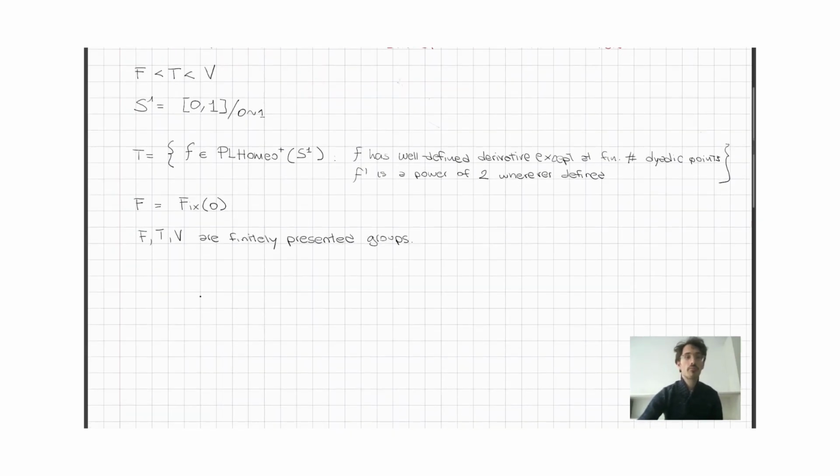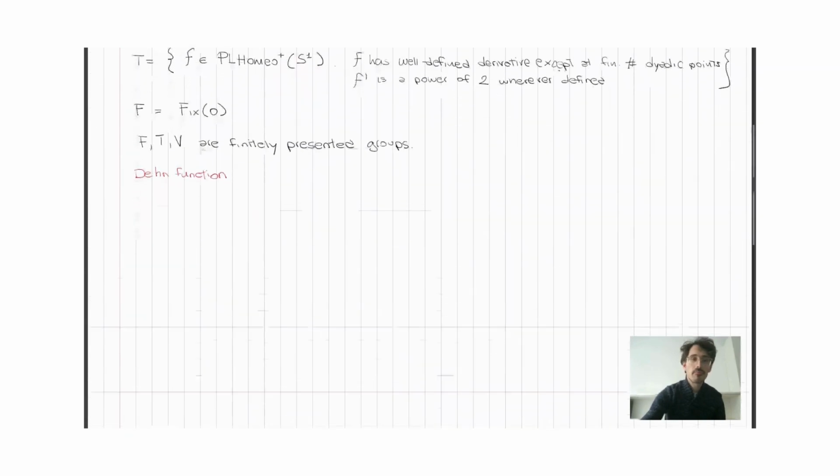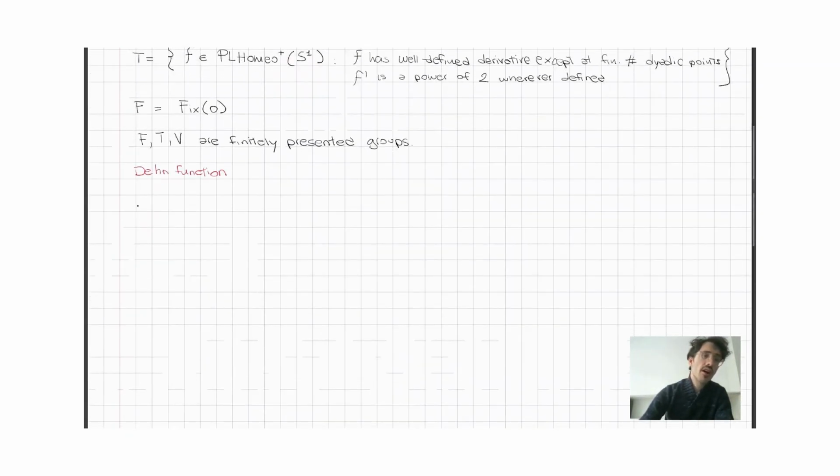So the Dehn function is, as I said, a quasi-isometry invariant associated to a group. So it's a function delta G from the naturals to the naturals associated to a finitely presented group G.